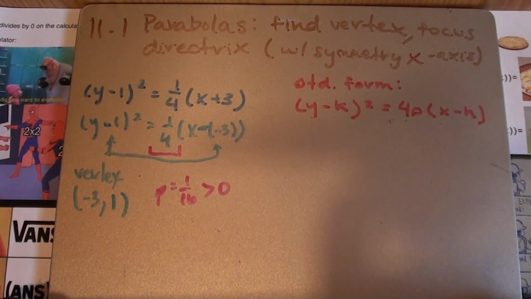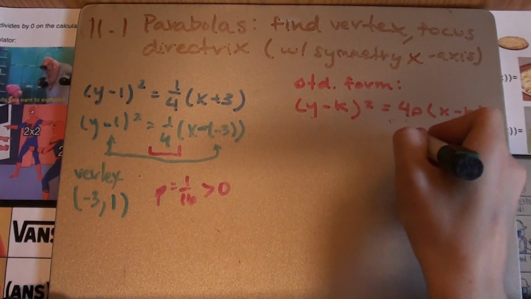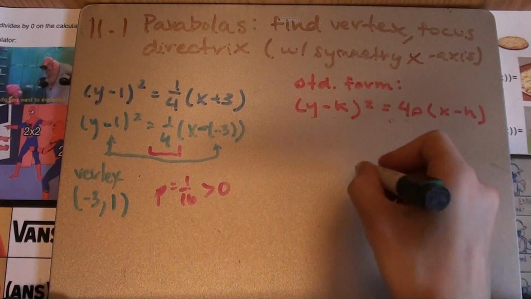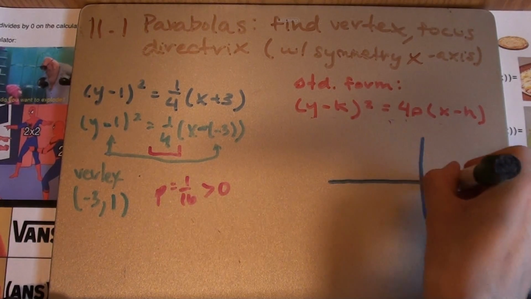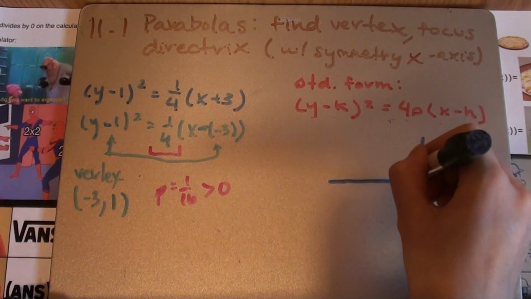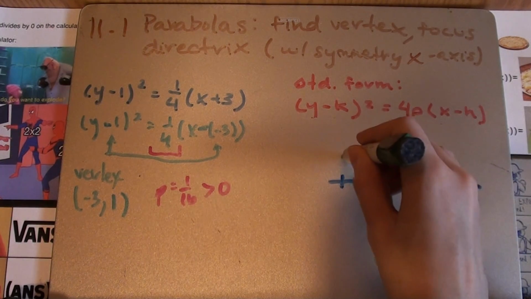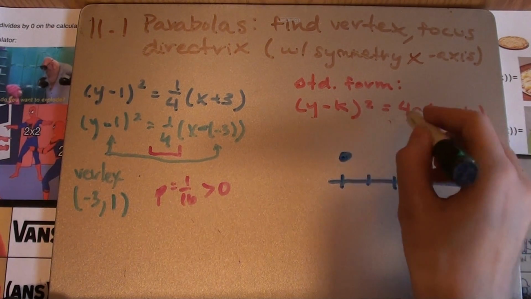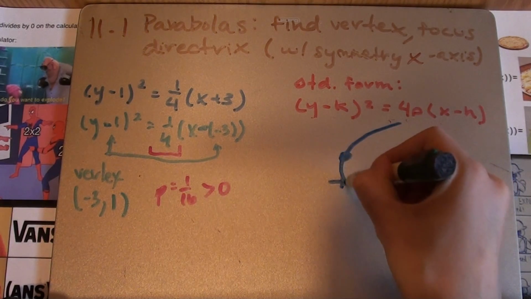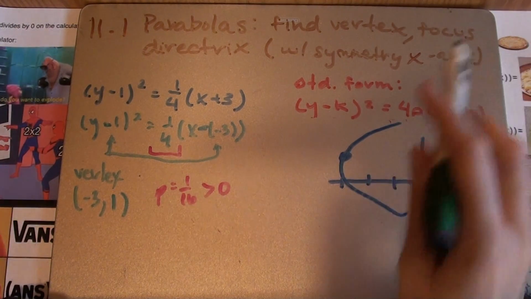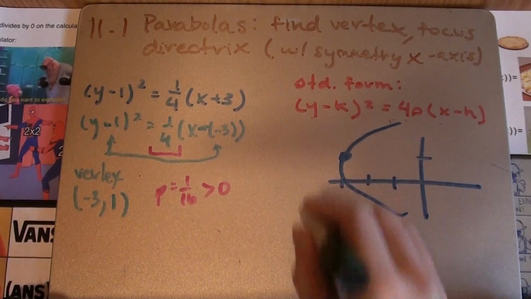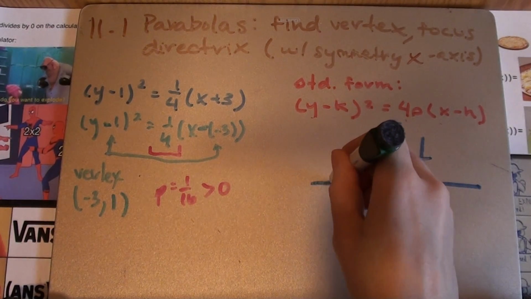Graphing now, if this is our axis, our vertex has an x value of -3, so -3, and we go up 1. So that's our vertex. Our parabola is going to look something kind of like this. So our vertex is this point.